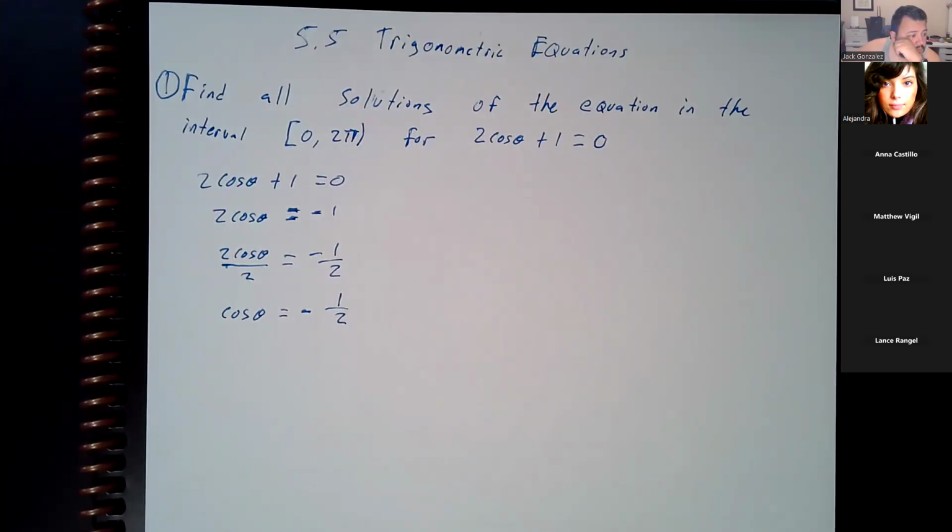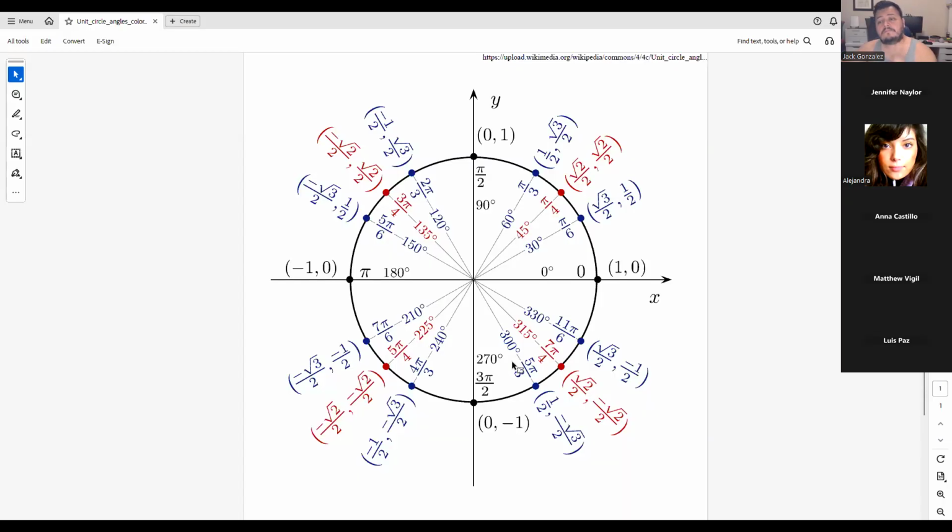Should print this out sometime. Can y'all see the circle? Let's see. So they said radians, even though 120 looks correct.